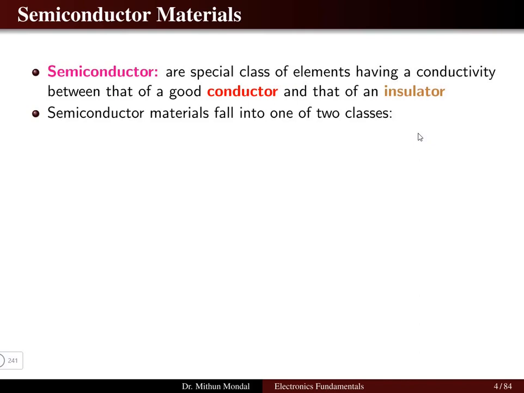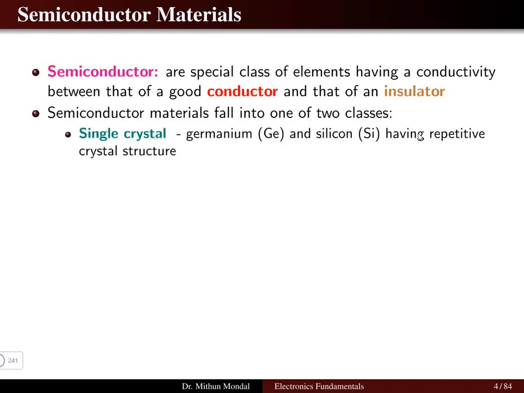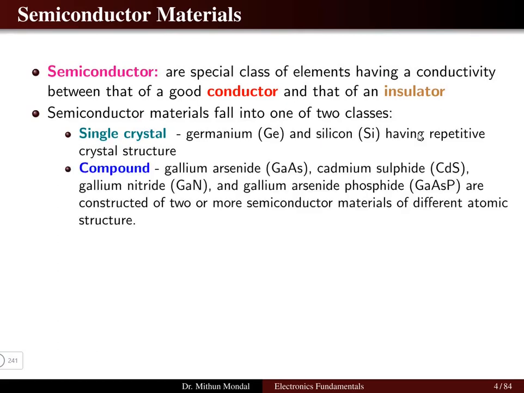Semiconductor materials generally fall into one of two classes. First, there is a single crystal structure, for example germanium and silicon, which have a repetitive crystal structure. The second one is the compound material. Here the examples are gallium arsenide, cadmium sulfide, gallium nitride, and gallium arsenide phosphide.